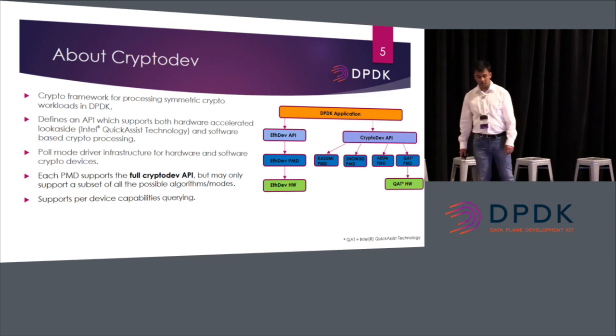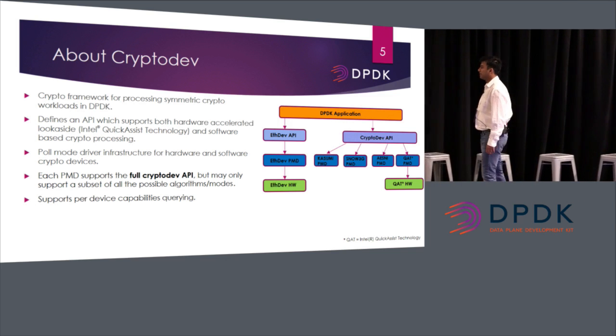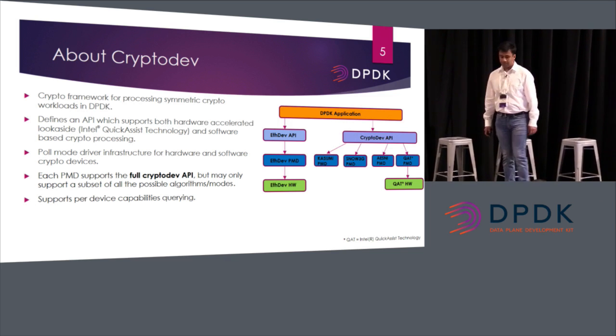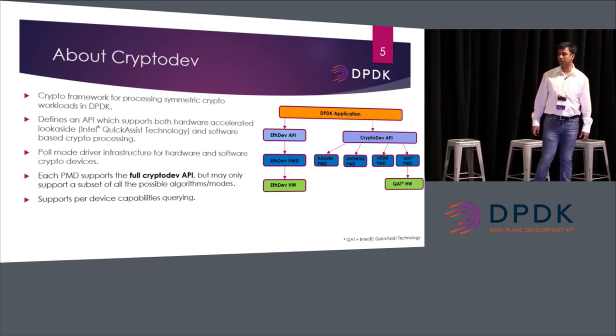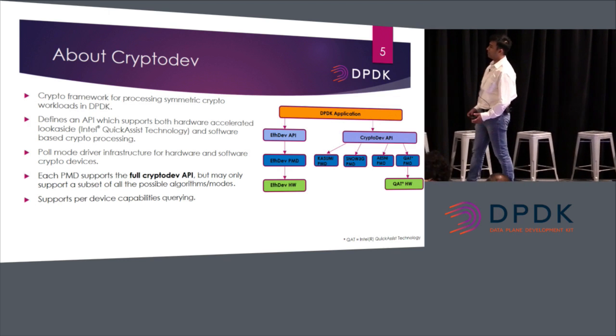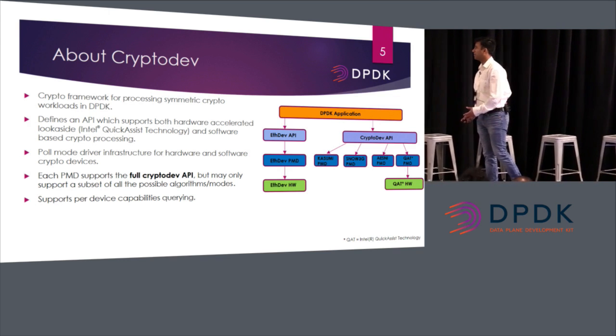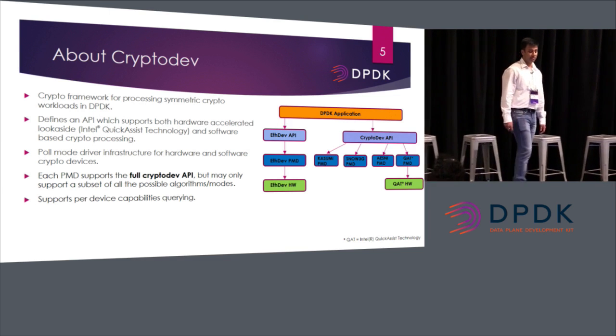And then we have the Intel Quick Assist Technology PMD, which takes advantage of Intel Quick Assist hardware. In terms of API, the API supports both hardware and software implementation. We have algorithms which are supported in hardware and not in software, and in software and not in hardware. We are trying to close the gap in every release. We try to catch up.